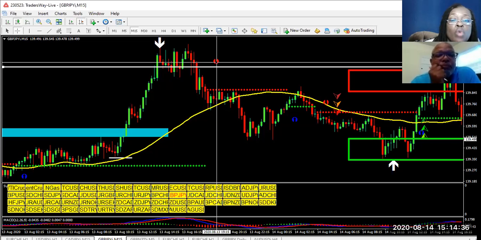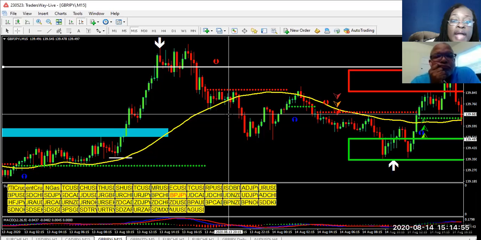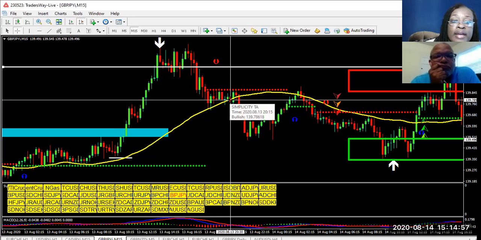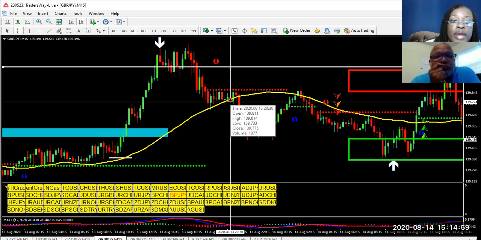So we want this entry arrow to be here. And wherever that entry arrow populates, the candle that coincides with it needs to break below your 50 and close. If it's above the 50, we wait. So the candle actually broke the 50 right here, this candle.